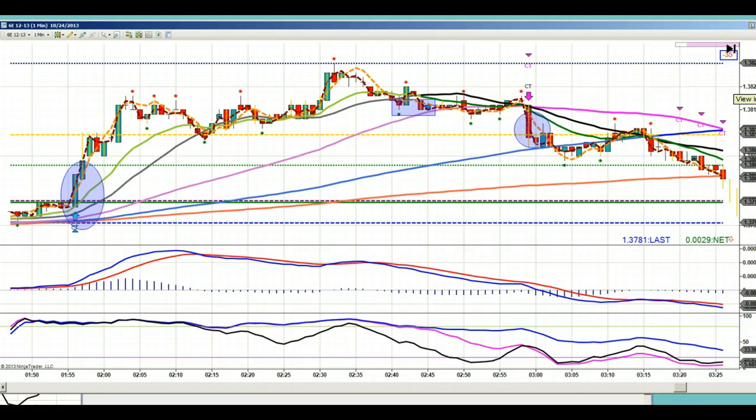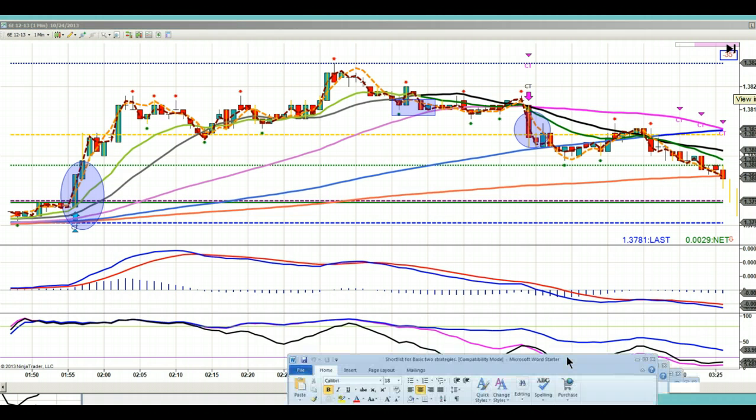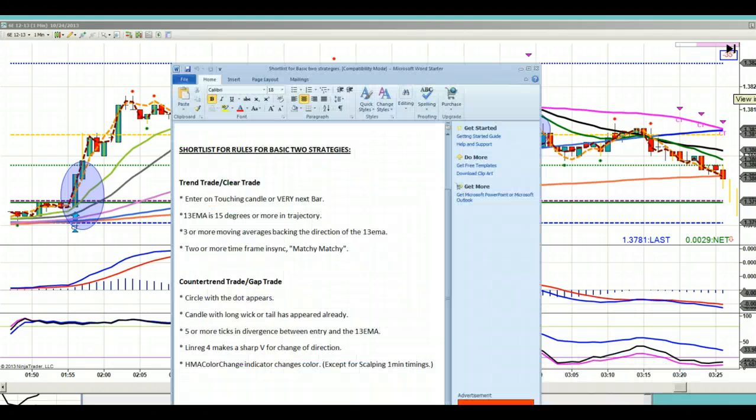To help you define when it's really a trend and when it's not, we further defined the rule to say that the candles have to be clear of at least 3 or more moving averages back in the direction of the 13 EMA. It can include the 13 EMA, but the price must be clear of 3 or more.